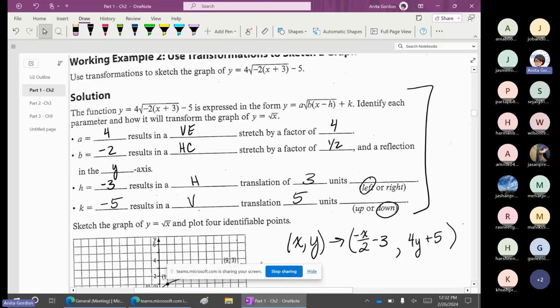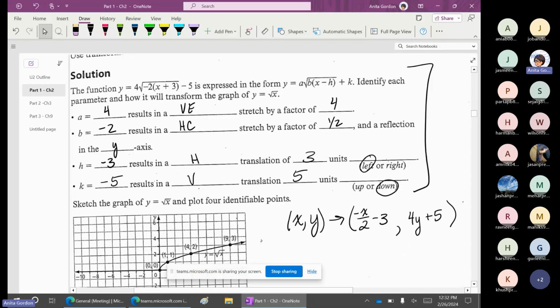So if you've done the first part, you can check your work. Oh, anybody catch a mistake there?